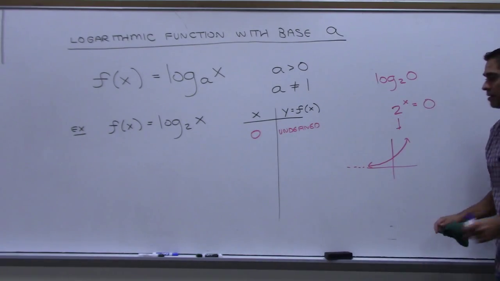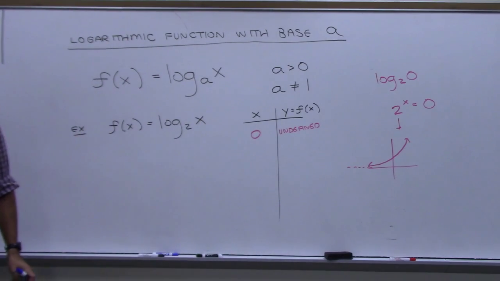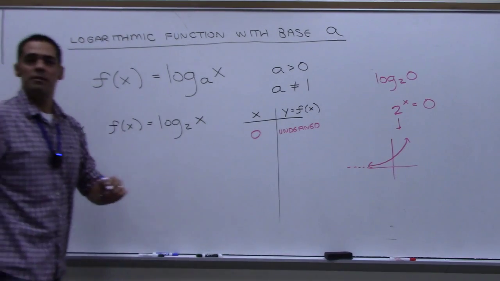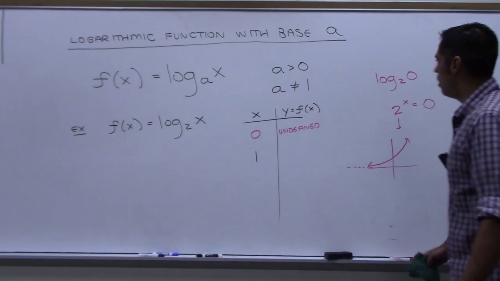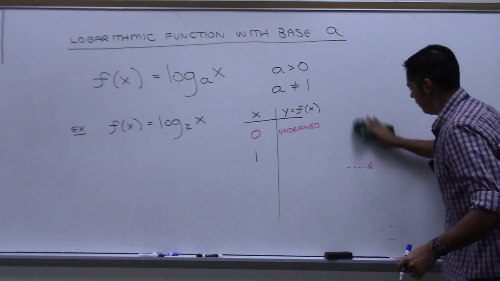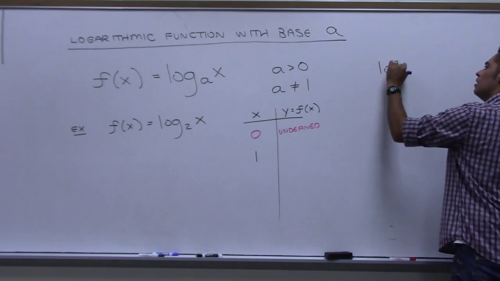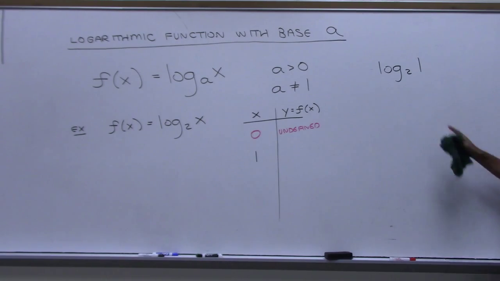That means I have to be careful what I plug in, right? Let's try 1 this time. I'll put it in black because it's going to work. If I plug in 1, I get log base 2 of 1. Anytime you put a 1 into any log, you get 0.